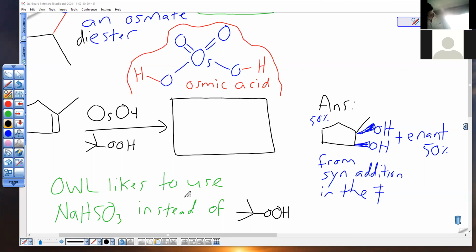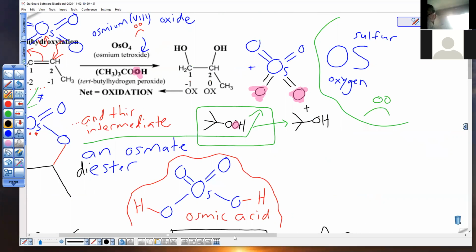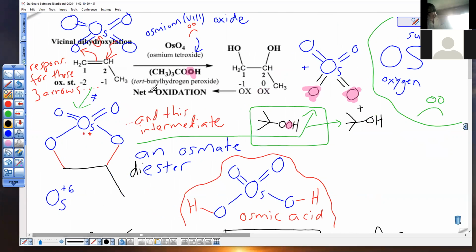And I prefer the tert-butyl hydrogen peroxide because by making osmium tetroxide into a catalyst, that means you can use a lot less of it, which is advantageous for two reasons. By making it a catalyst, you're investing less money in this very expensive molecule.